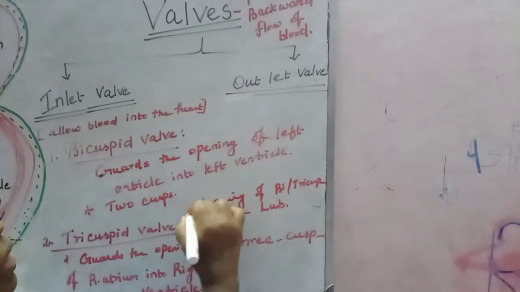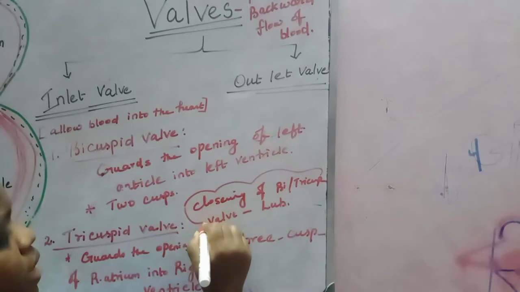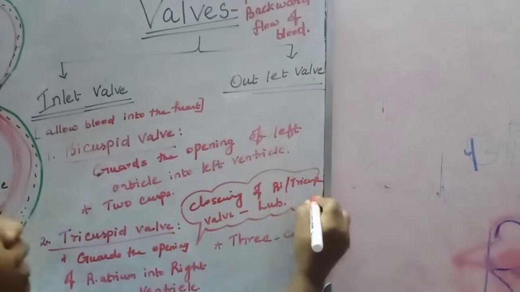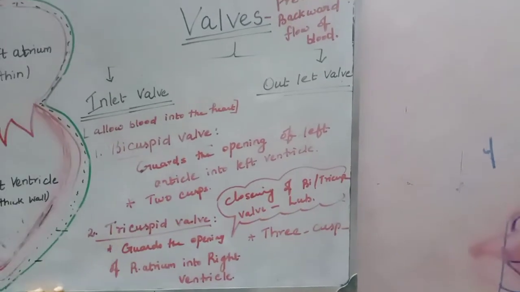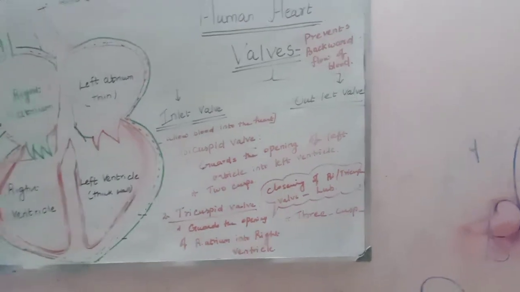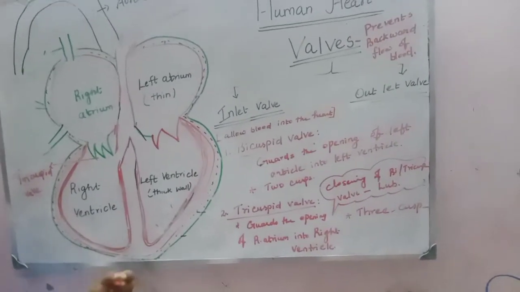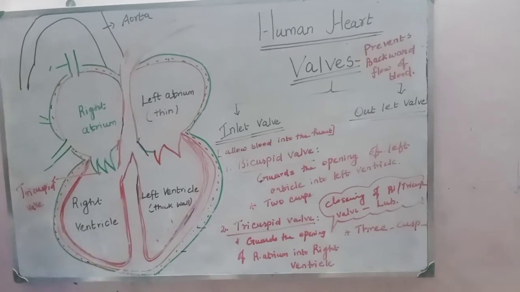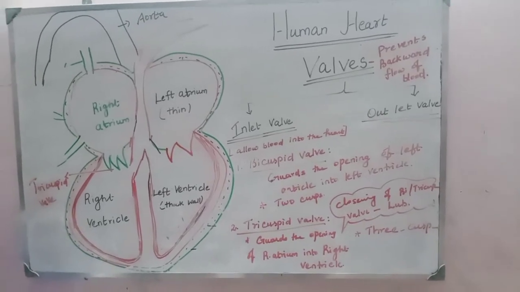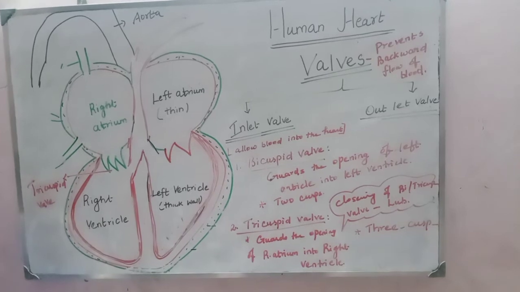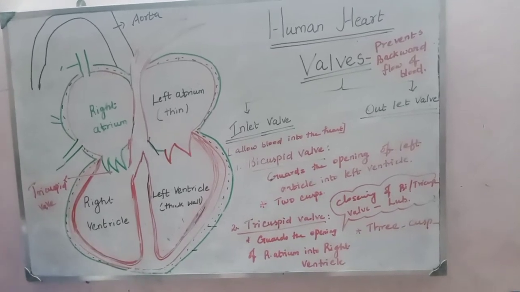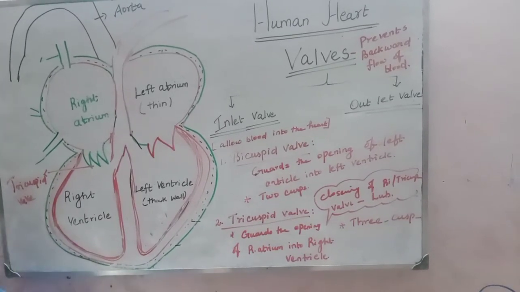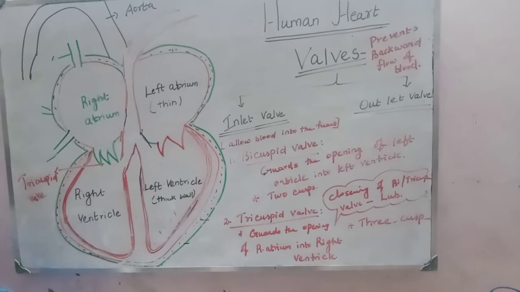Lub sound. In the heartbeat we can hear lub and dub sound, right? When the lub sound is caused, it is the closing of bicuspid and tricuspid valve. The slow pitched sound is called the dub sound. Okay. Lub sound.